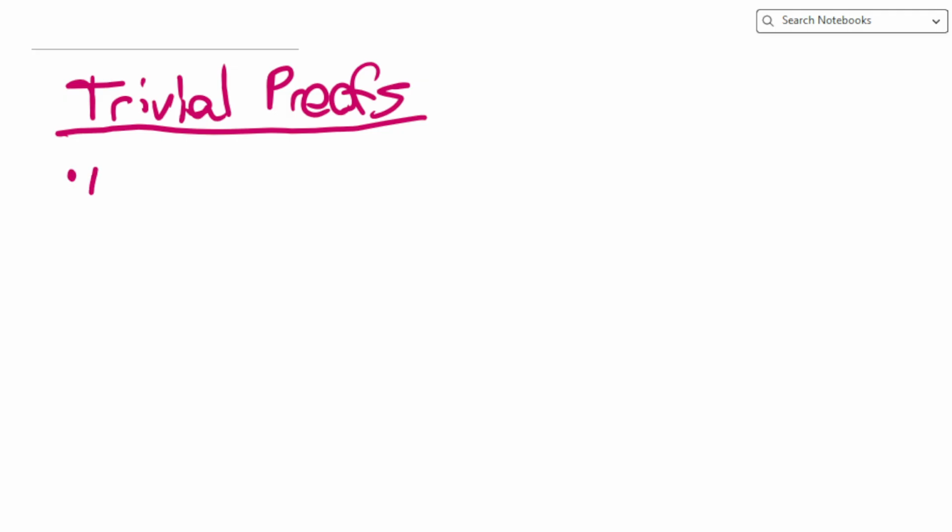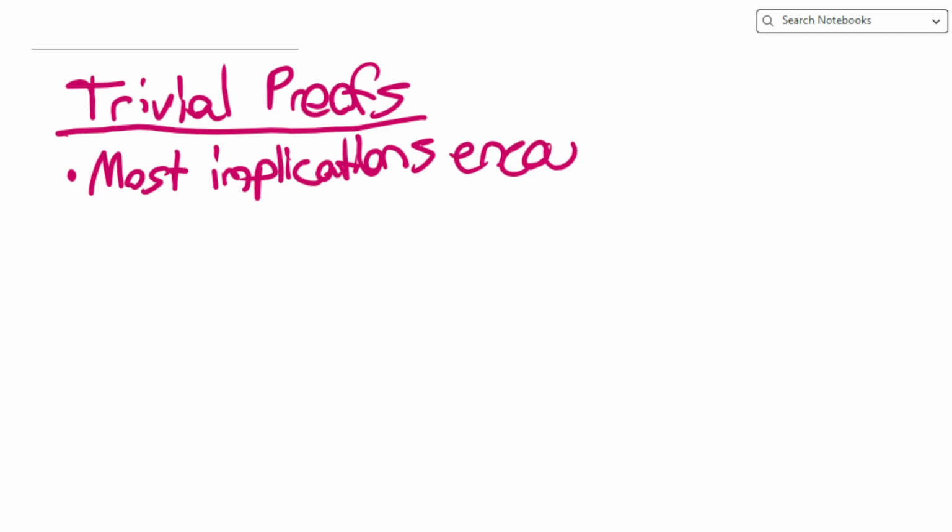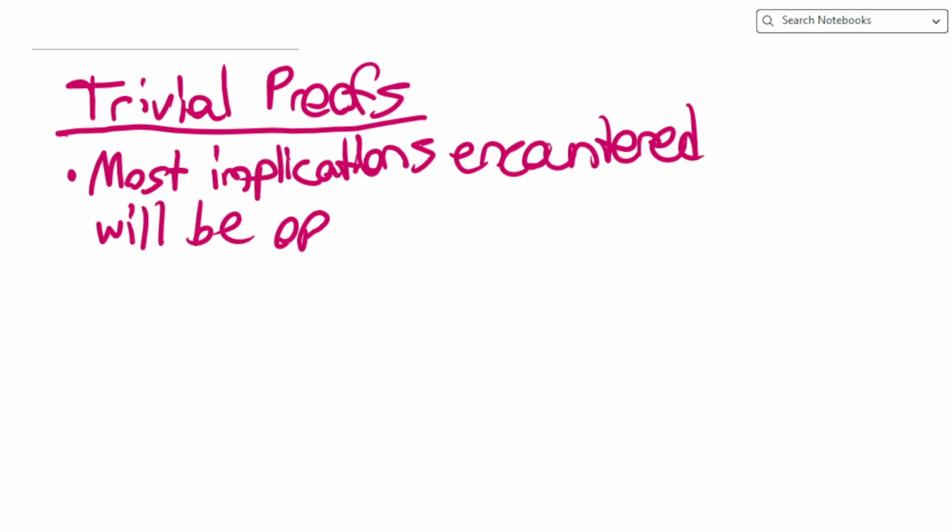So, trivial proof. If you recall from section 2, we looked at implications. Most implications encountered will be open sentences.